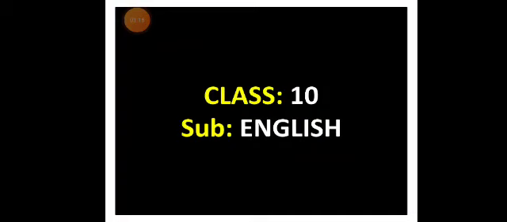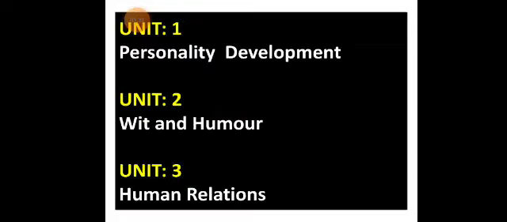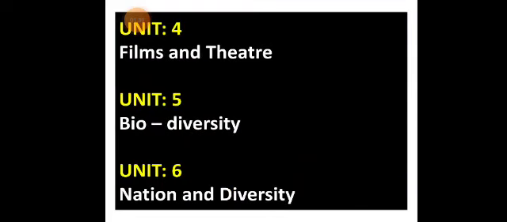So let's see the units and their themes first. The first unit of 10th class is about personality development. And the second unit is about wit and humor. Third unit is about human relations. Fourth unit is about films and theatre.